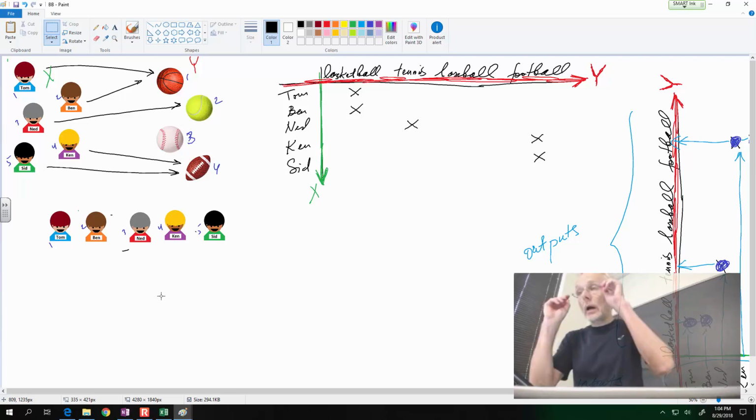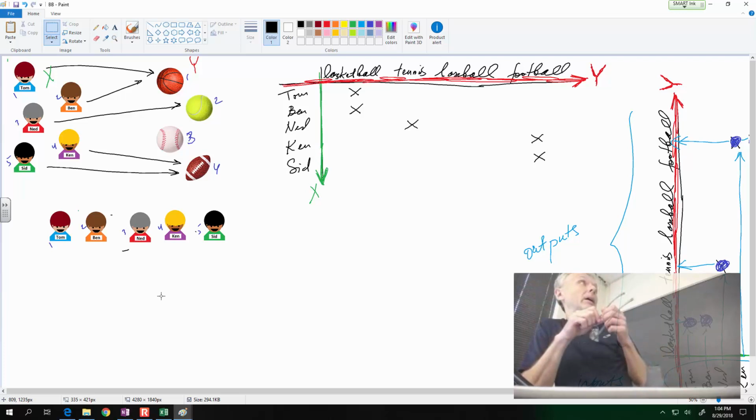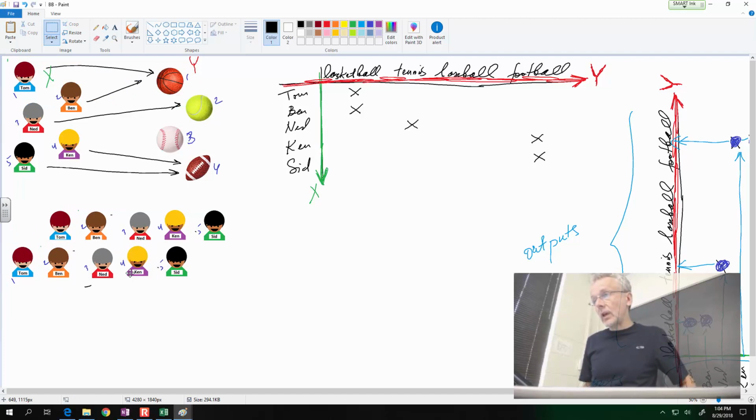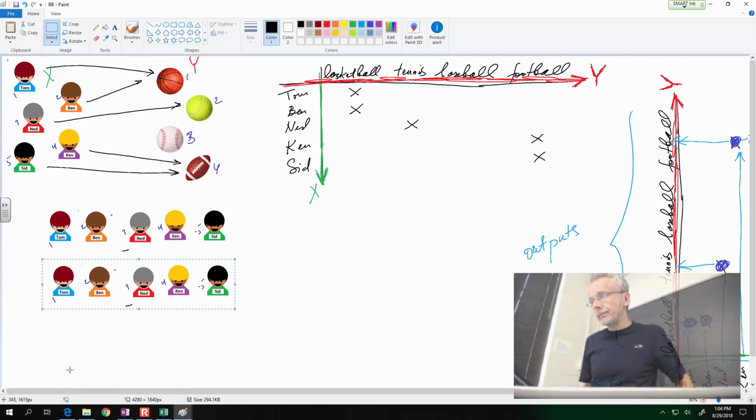But there is no inherent order or direction among the members of these two sets. So I could take the same set and rearrange them, and the result would have to be absolutely the same. It makes absolutely no difference if I move these like this.